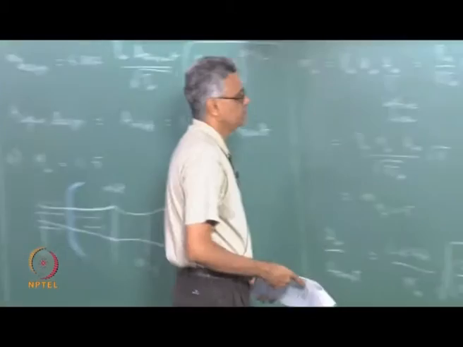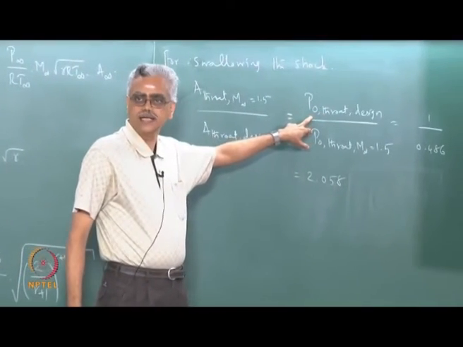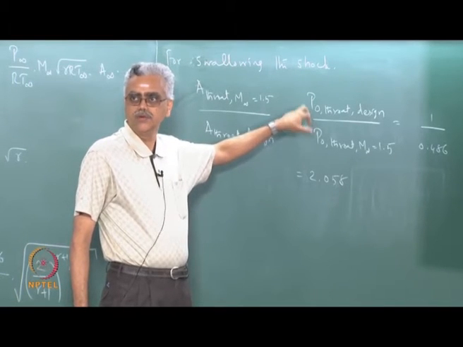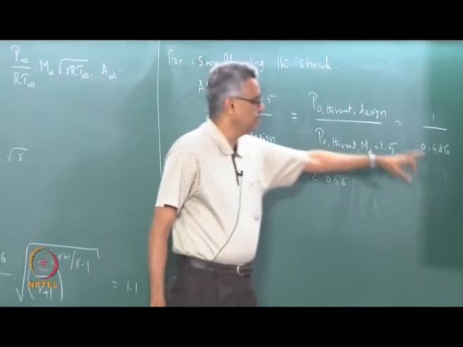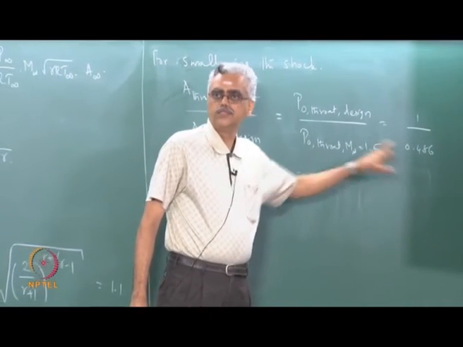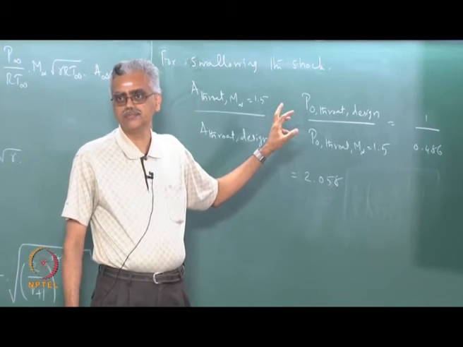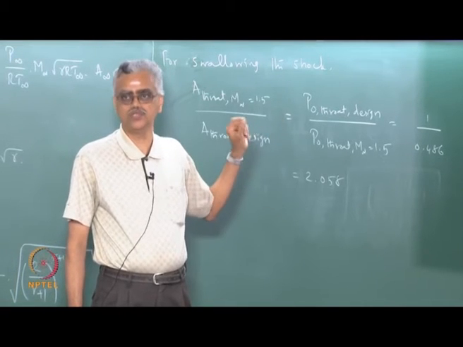Remember, static conditions remain the same. So, that means we need to relate these things to the static quantities. P infinity and T infinity remain the same. So, we need to relate this to the conditions which are remaining constant when we evaluate this ratio. This is not simply the ratio of stagnation pressures across the shock wave, because the speed has changed, the stagnation pressure upstream has also changed.